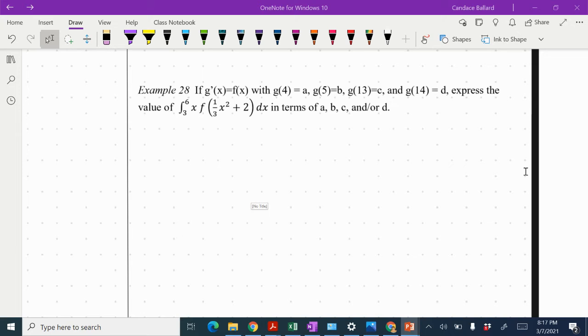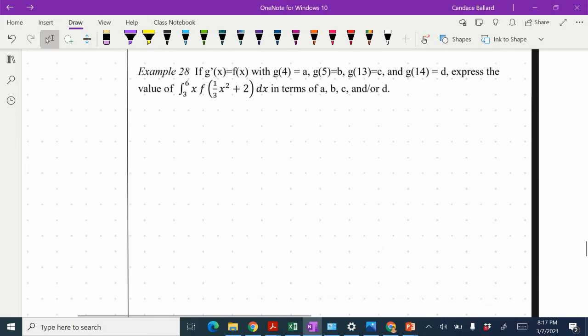And we are supposed to express the integral from 3 to 6 of x times f of 1/3 x squared plus 2 dx in terms of a, b, c, or d. So basically, we need to integrate this thing. We're probably going to be using some U-substitution, and we're going to have weird answers that look like A's, B's, C's, and D's. So let's take a look at it.